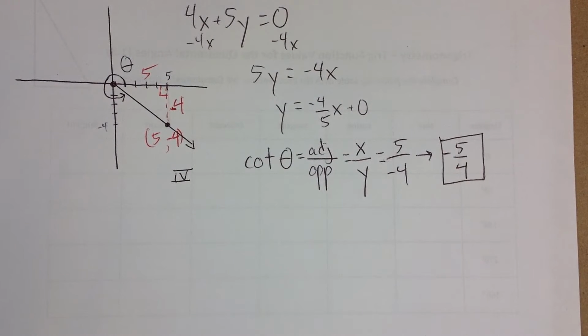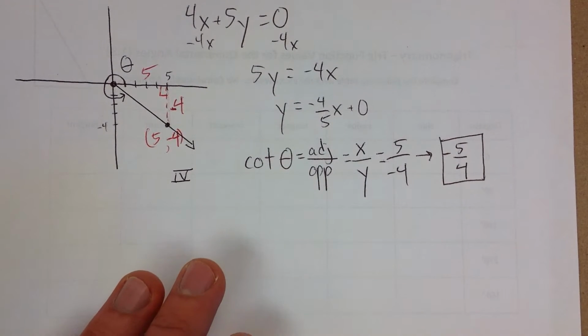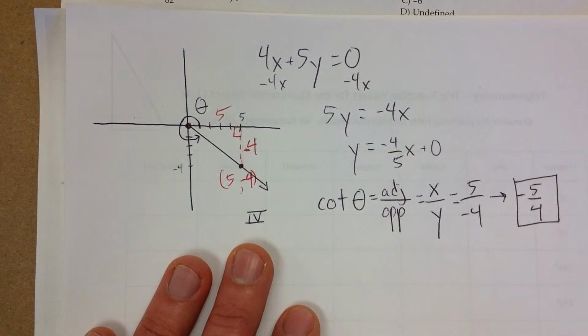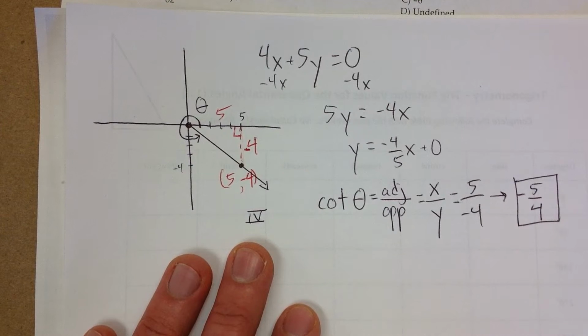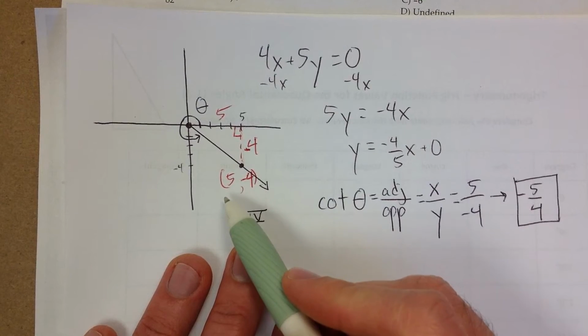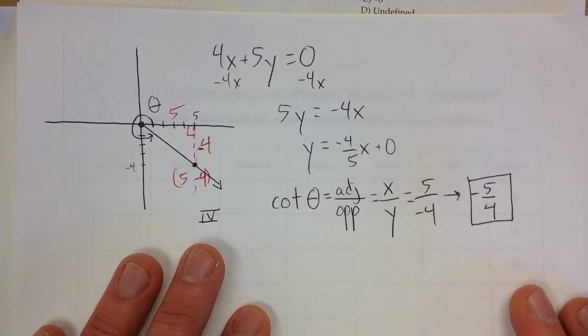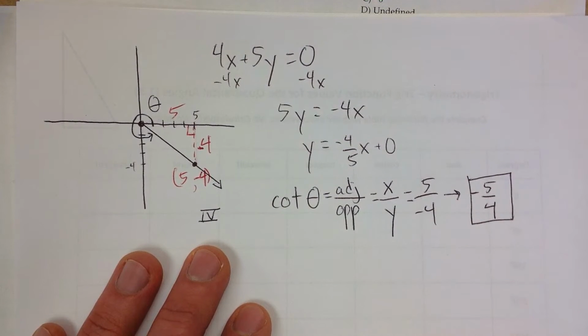Why is it -4 over 5? Why isn't it negative 4 over 5? Let's double check my work. No, you're right. We're good? That's because it's adjacent over opposite. Yeah, but it should be x over y. The adjacent is 5, the opposite is 4. x is 5, y is negative. Yes, I believe this to be correct, but I've been wrong many times in my life. No, I just don't get how the x is 5 instead of negative.